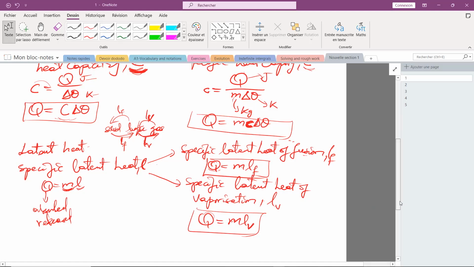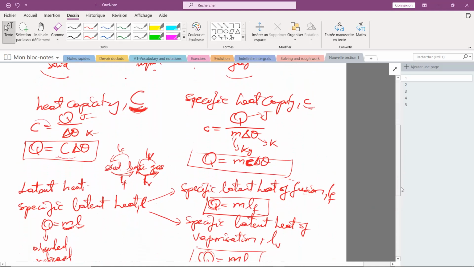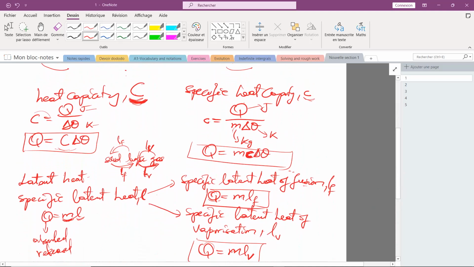Now, I want you to remember this very important rule. What can you say about the difference between specific heat capacity or heat capacity and specific latent heats? The main difference is that we talk of heat capacity or specific heat capacity whenever there is a change in temperature.